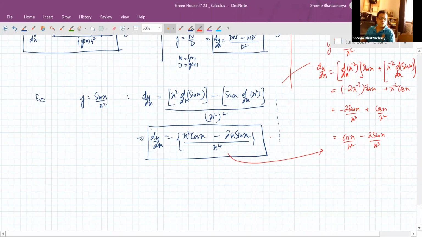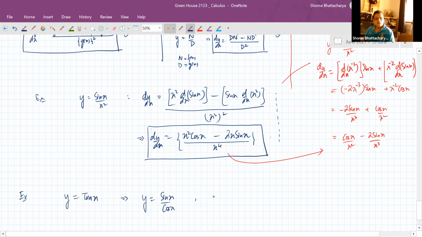So another simple proof that you can show for a trigonometric formula is that you know the differentiation of tan x. If you have the function y equal to tan x, you can also express it as sin x divided by cos x.